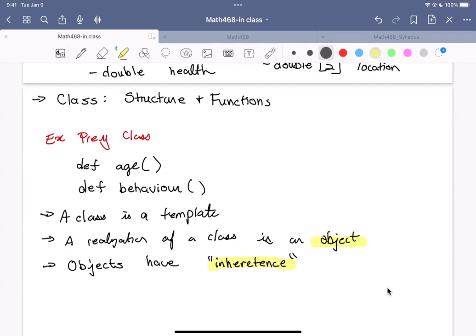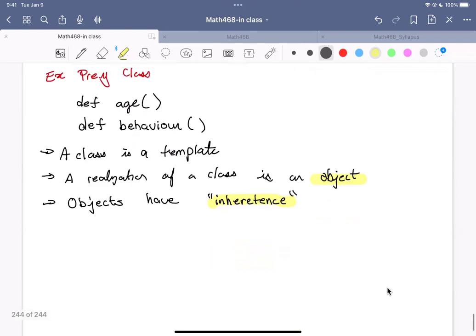I mean that they can inherit all of the properties of an object that they are contained in. So I can nest objects so that an object inside of an object has access to the bigger object's variables and functions, and it also has access to its specific variables and functions. So it lets you nicely program in hierarchical structures. And this is really useful in biology because biology is really naturally hierarchically structured.